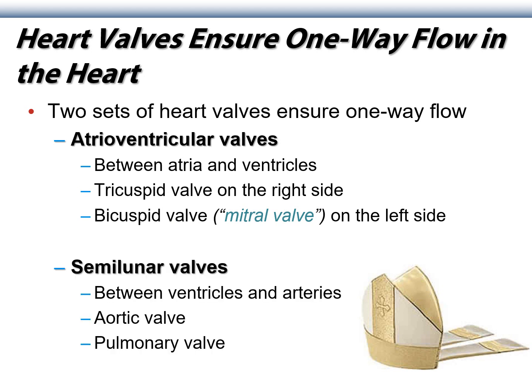The outflowing valves from the ventricle are called semilunar valves, and these separate the ventricles from the outflowing arteries. And the valves are named after the vessels into which they flow. So on the left-hand side, we have the aortic valve going into the aorta from the left ventricle, and on the right-hand side, we have the pulmonary valve going to the pulmonary arteries.